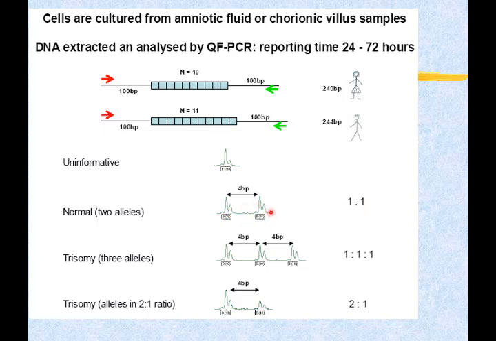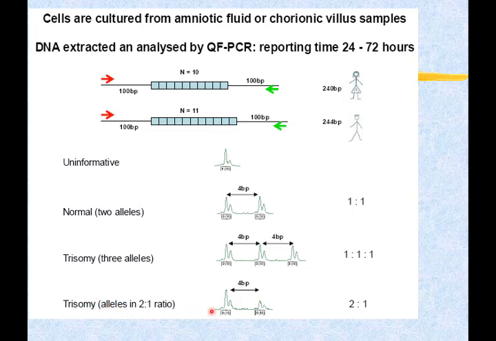These short peaks are not seen by the instrument. They are just mistakes of DNA polymerase, non-templated addition of A. So we only see the higher peaks. With the trisomy, we see 3 alleles. So if it's informative, we can see 3 separate alleles, 1:1:1 ratio, and we call it trisomy.